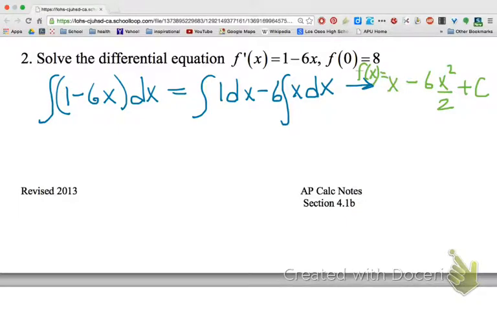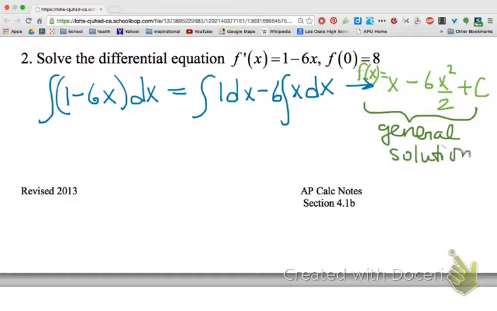And of course, this is the original function in general form. Now, if I use my initial conditions, again, I can simplify that in the center to -3. What I know about this function is that when x is 0, y is 8.